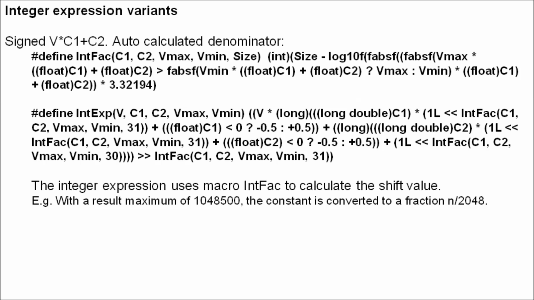I have not shown how the expression is derived because I think it is a bit of an overkill for any practical use. Interestingly though, this expression is still 25 times faster than using floating point. It is difficult to state what the result range is, because the greater the range, the lower the denominator value in the constant to fraction conversion.